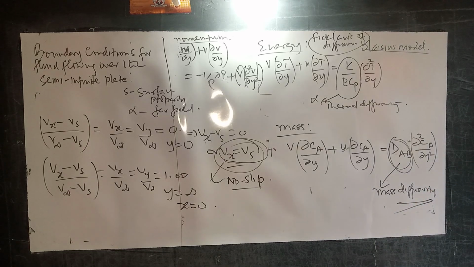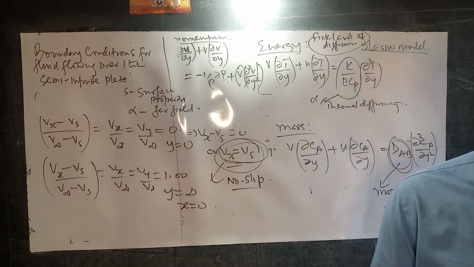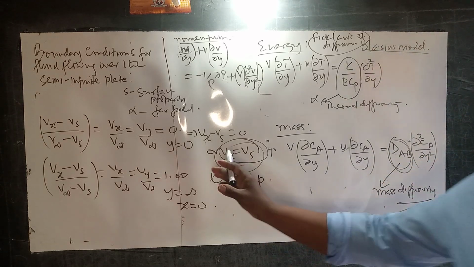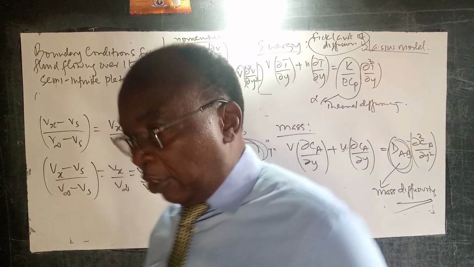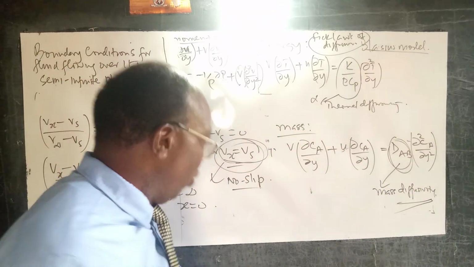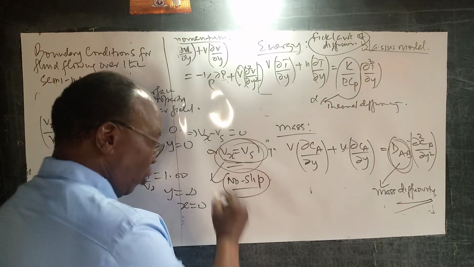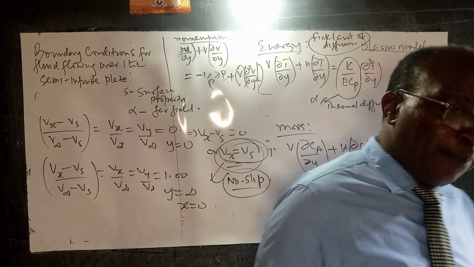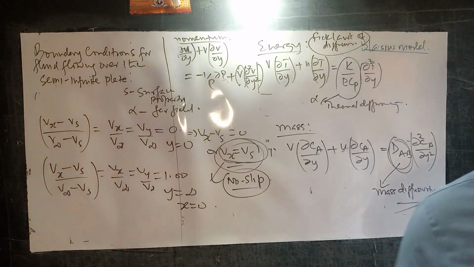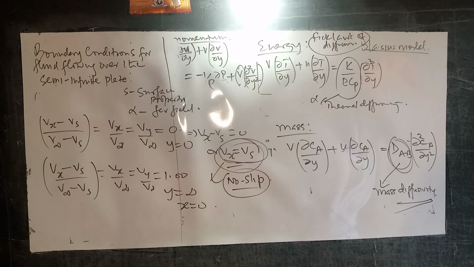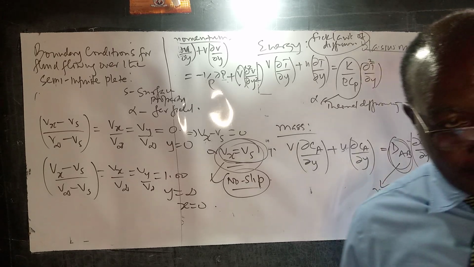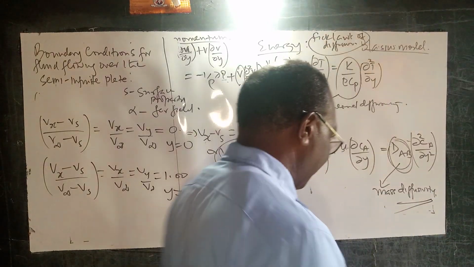So since it is not moving, its velocity is 0, then that of the fluid is 0. And that's the no-slip condition. Always remember that. Of course, you don't want to deal with the slip condition. It's not intractable, but it's a little bit more interesting.